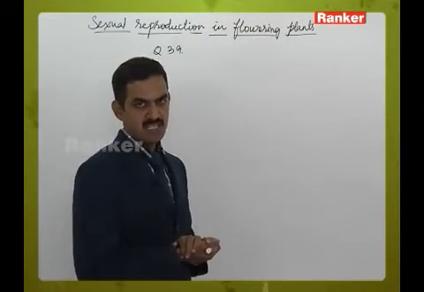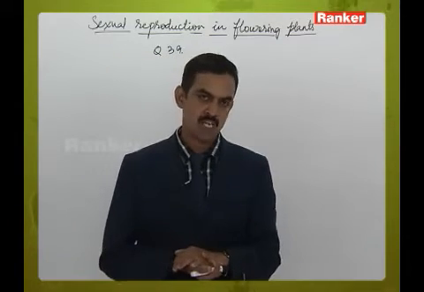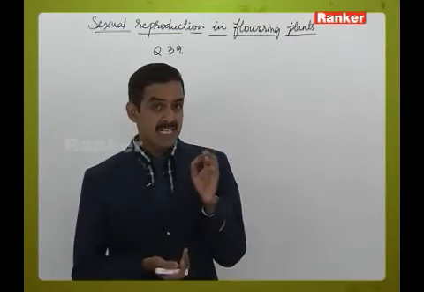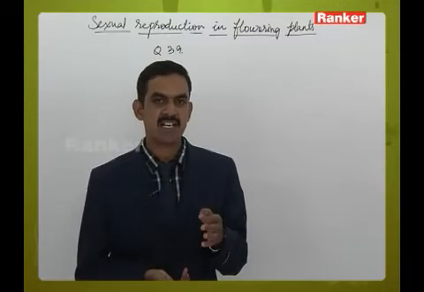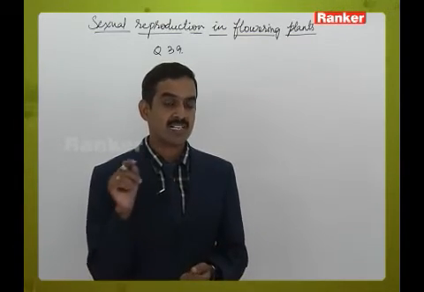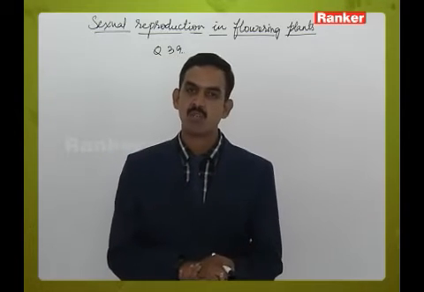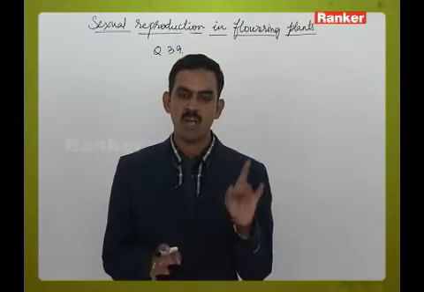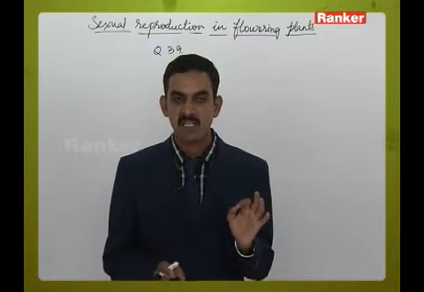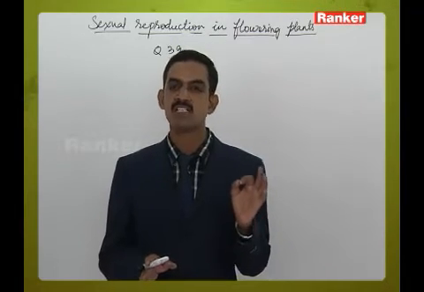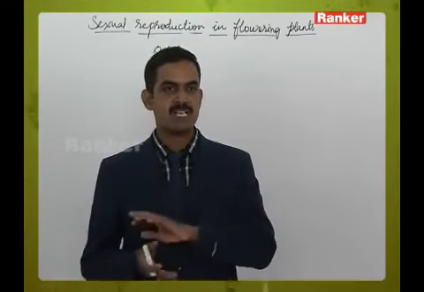Here we know that the pollen mother cell will undergo meiosis to form 4 microspores, and each microspore, that is the pollen grain, will give rise to a male gametophyte. That means all the 4 formed from one pollen mother cell are fertile. So we can say that 100% fertility is present. So the assertion statement is correct.